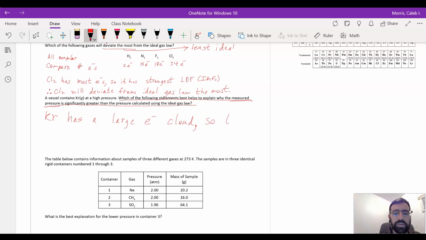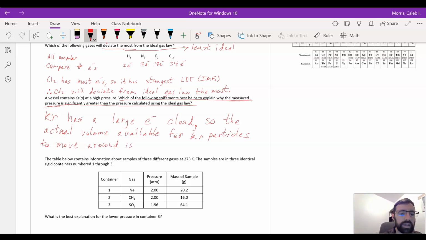So the actual volume available for Kr particles to move around is less than the volume of the container.